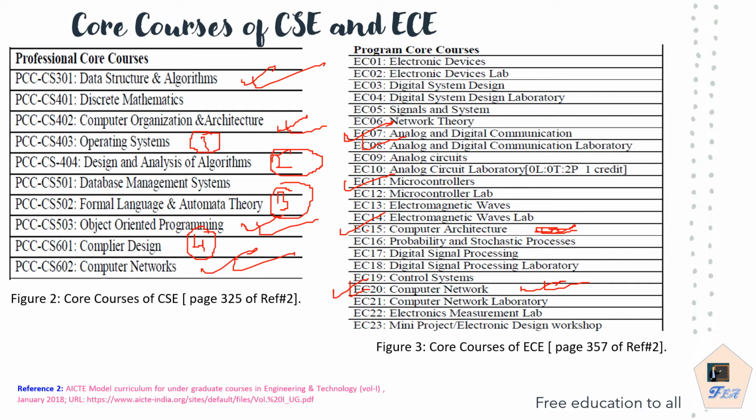Now, our fourth observation is that if we analyze the CSE curriculum, ECE curriculum closely, figure 3, we may observe that electronic devices, signal system, digital signal processing, electromagnetic waves, electrical networks, electronic circuits, these are exclusive to ECE. Further, electronic devices are added up with VLSI and nanotechnology in most of the universities.